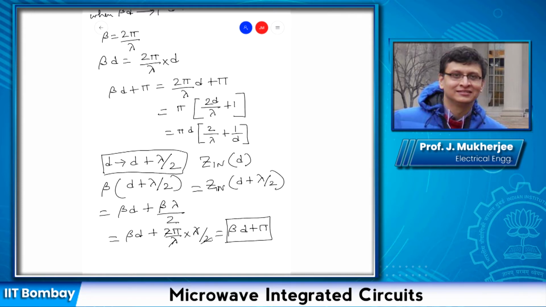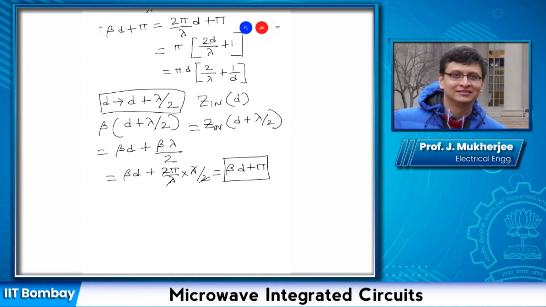So every half wavelength, the impedance will repeat itself. Okay. So let us see some special cases. One of the special cases is a shorted transmission line.